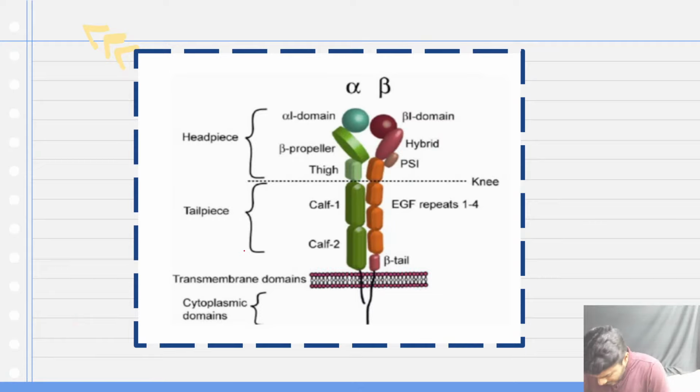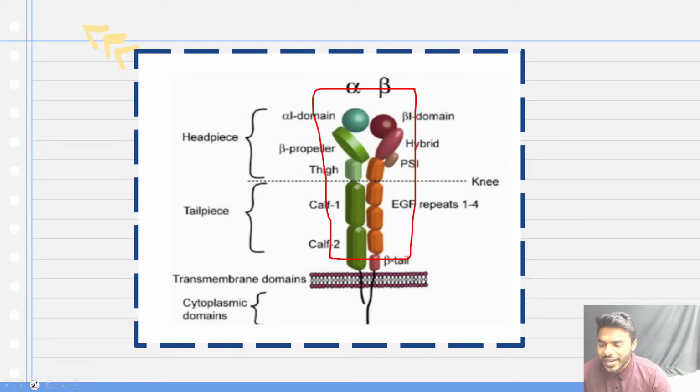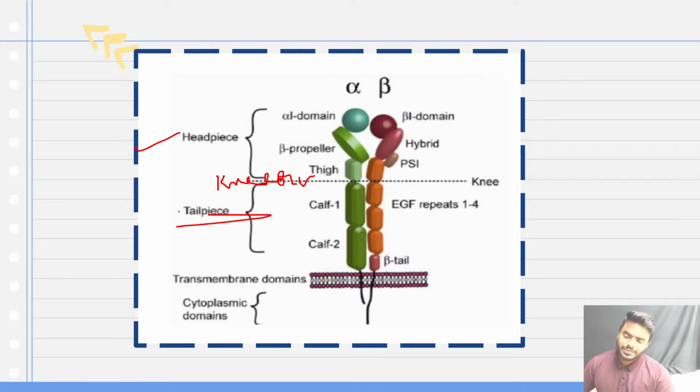Now listen carefully. The large extracellular domain can be further divided into small subdomains. We can call them the head piece, the knee or thigh piece, and the tail piece. If you can remember, remember. Otherwise, you need not remember at all.